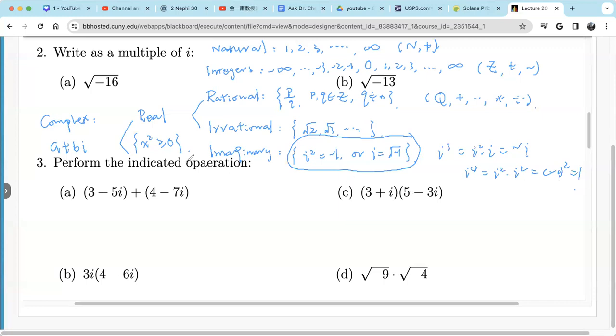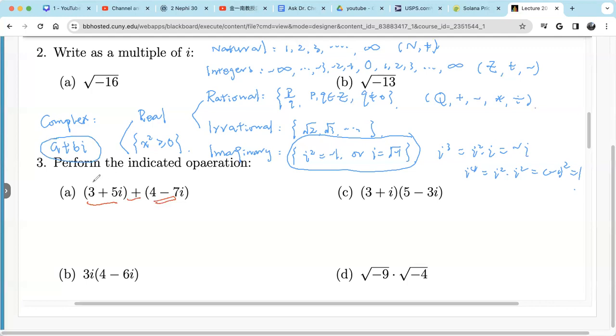Now with the complex numbers, so we have this a plus b i form. We can add them, we can subtract them, we can multiply them, we can divide them. We can perform all the operations with real numbers for complex numbers. Let's see, this one we want to add. We have first complex number and second complex number.